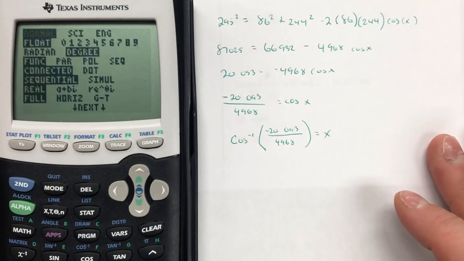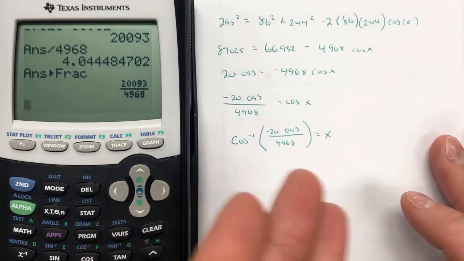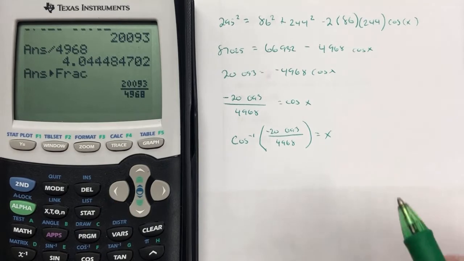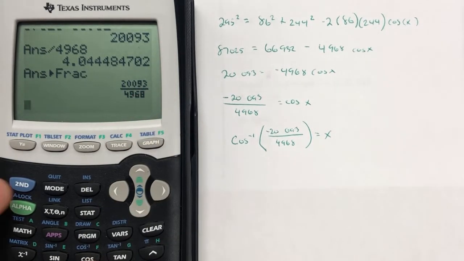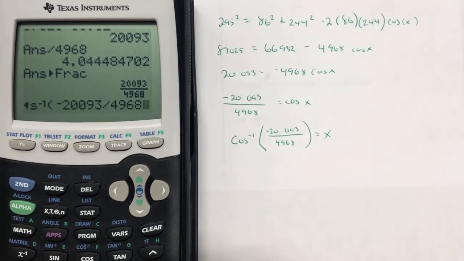It's going to give us our value in degrees. It doesn't ask degrees or radians, so you can give either answer, but for us, we're going to put our answer in degrees. So I'm going to be dealing with the inverse cosine, so second cosine, which gives me the inverse cosine of that fraction. So negative 20,093 divided by 4968.